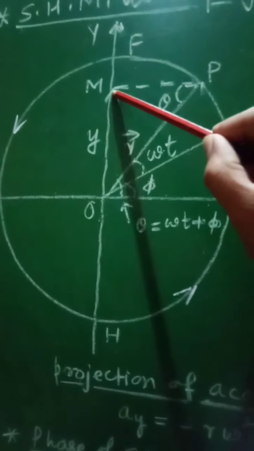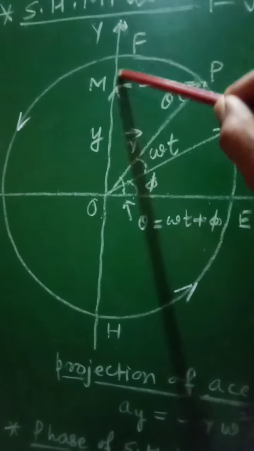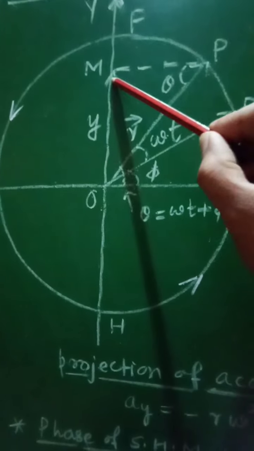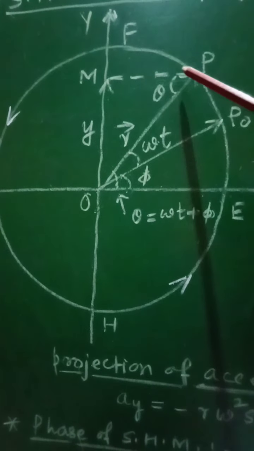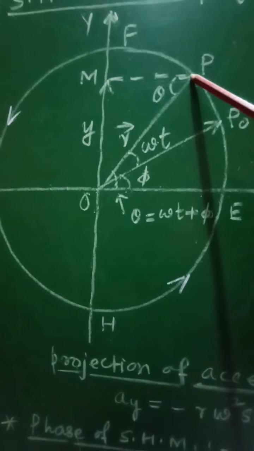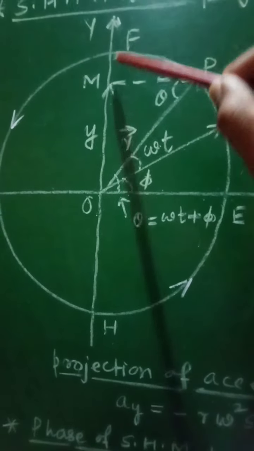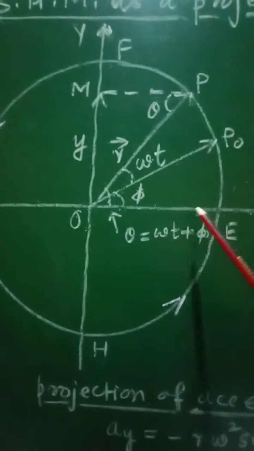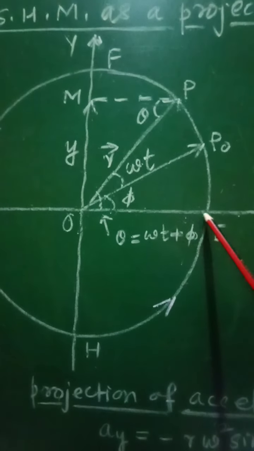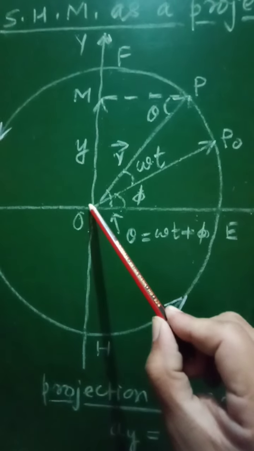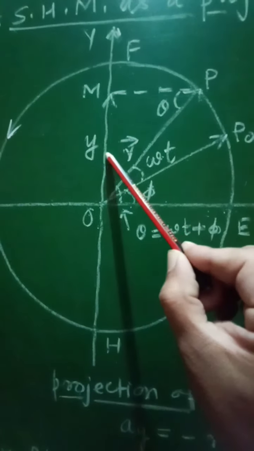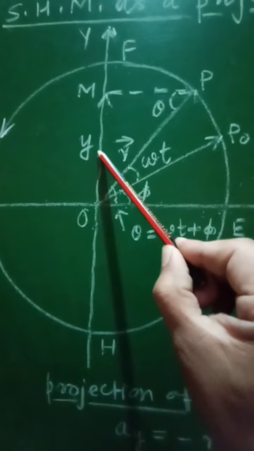Then this perpendicular drawn on the vertical diameter, that is PM, will represent the projection for this position P, and this M will lie along the vertical diameter. So initially when that particle is at point E, its projection will be at O. When it moves to P0, its projection will be again on this y-axis.